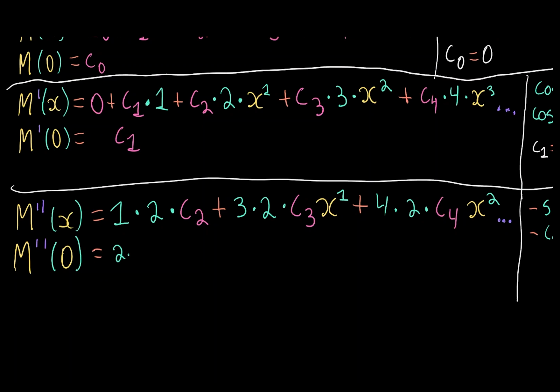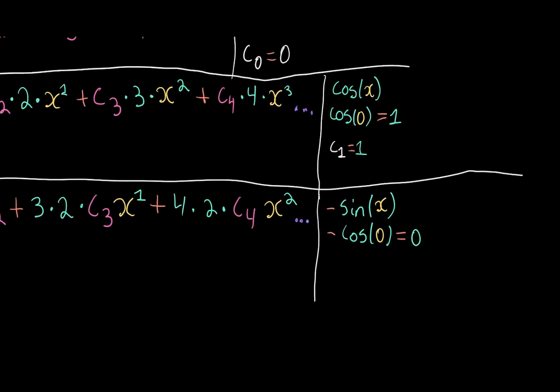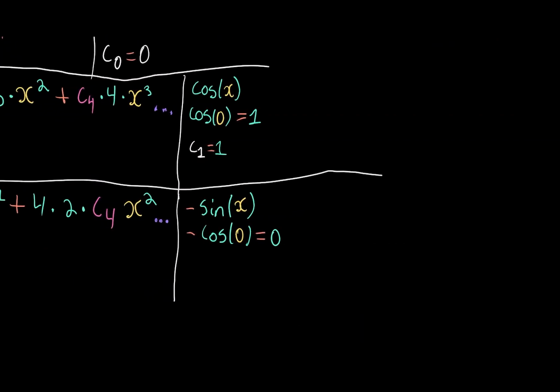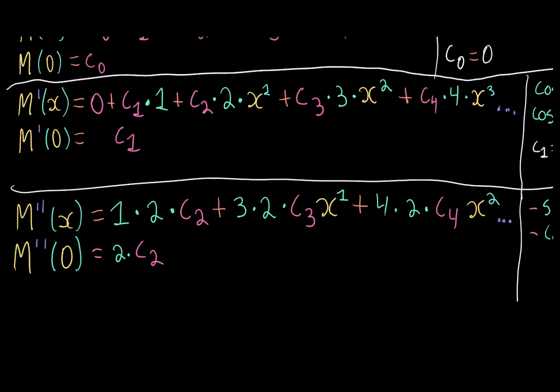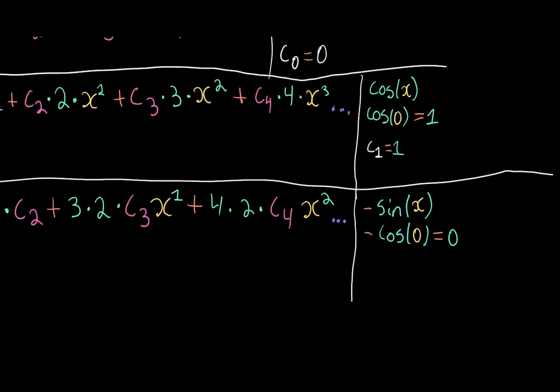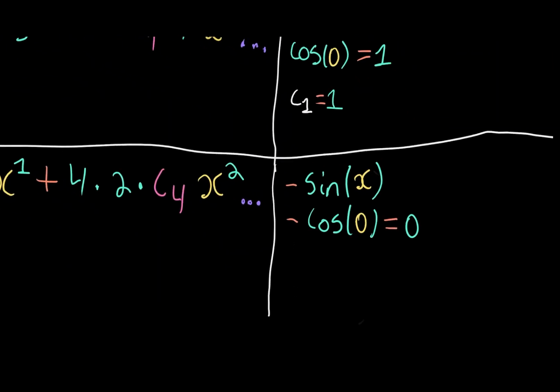So that becomes 2 times c2, right? Okay, and we want 2 times c2 to be equal to negative cosine of 0, or 0, to match the derivative of that, right? We're mimicking. We keep mimicking. So then this becomes, well, 2 times what is equal to 0? Well, that means C2 has to be equal to 0.